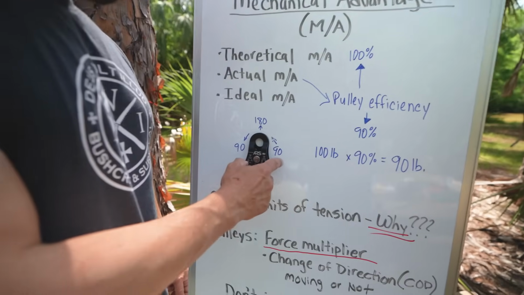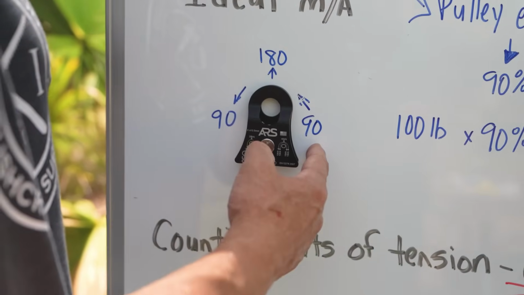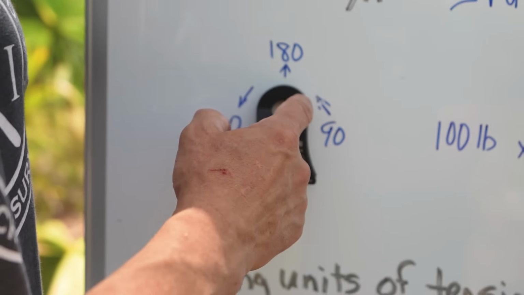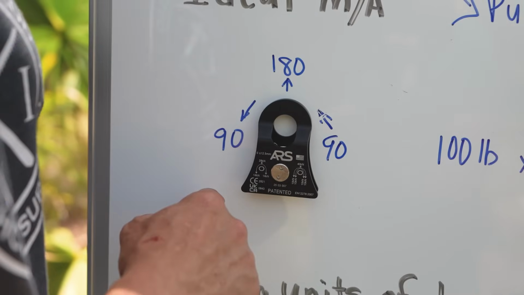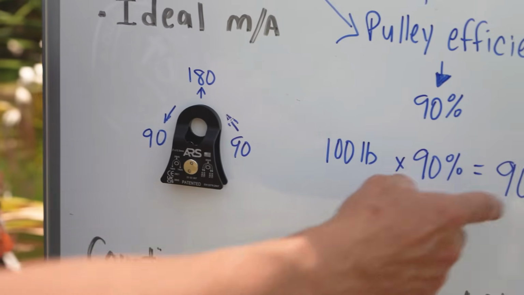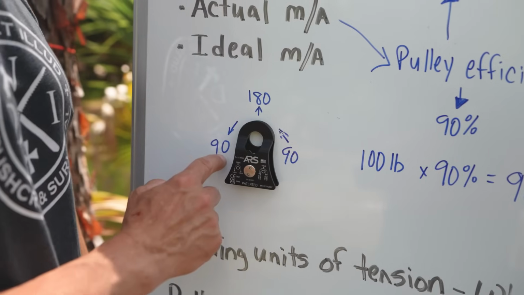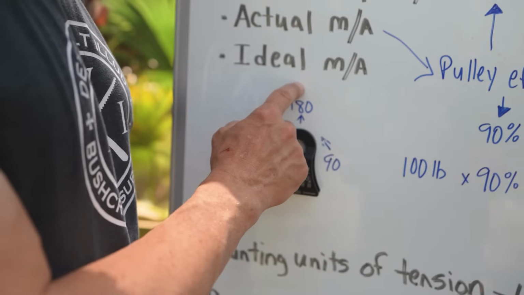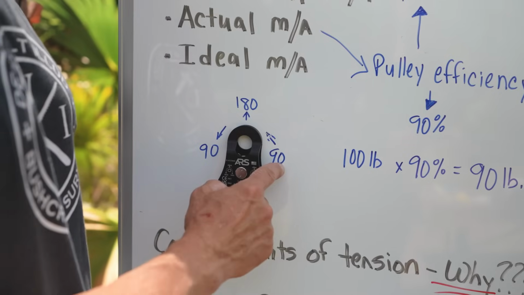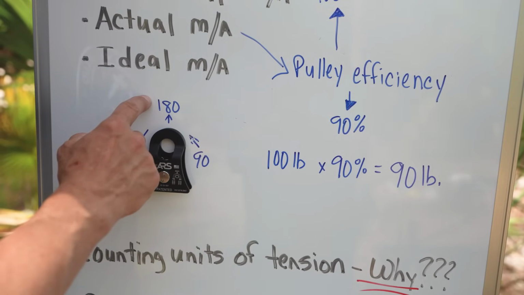If now our load was 100 pounds, but instead of 100 pounds, only 90% is going into the pulley and 90% is going out. 100 pounds at 90% is 90 pounds. So 90 pounds in, 90 pounds out, 180 pounds on the anchor. Compared to before, where we had 100 pounds going in, 100 pounds going out, and 200 pounds on our anchor.